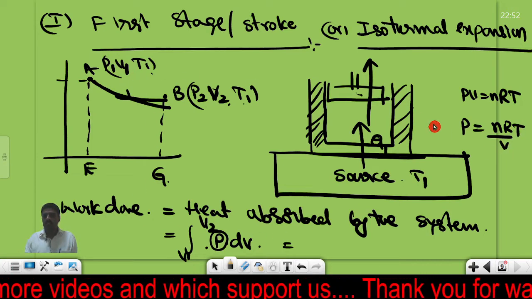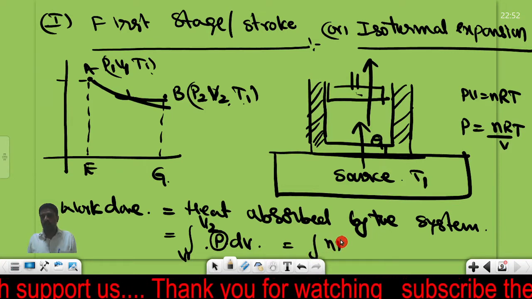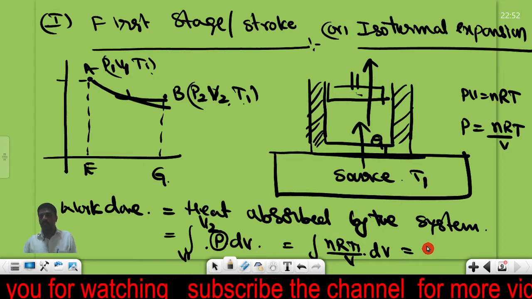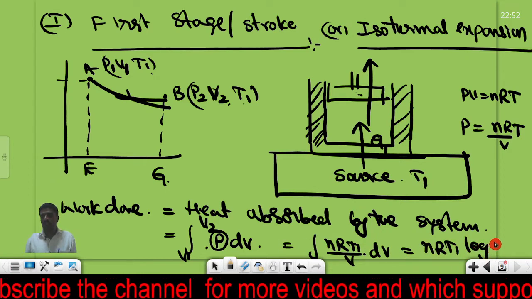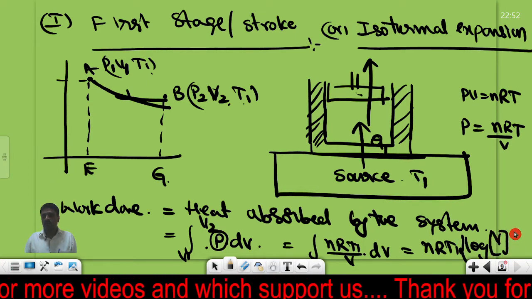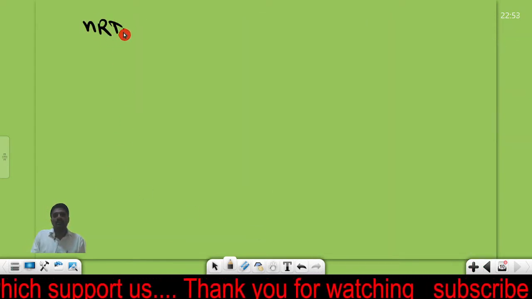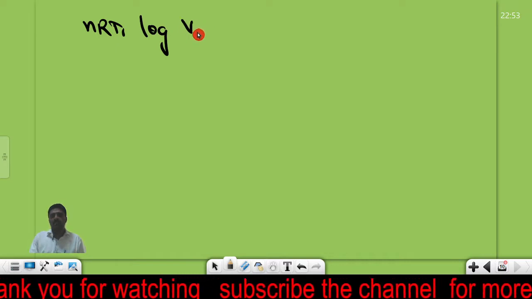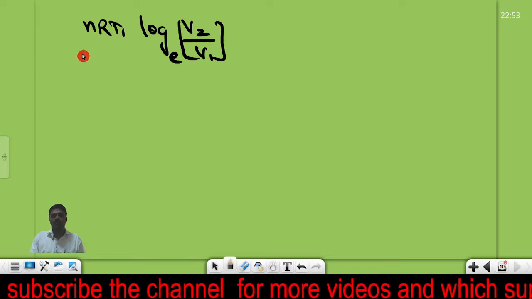The temperature is constant here, so it is the integral of nRT1/V dV, which gives nRT1 times log of V. Applying the limits, upper limit V2 and lower limit V1, we get nRT1 ln(V2/V1).